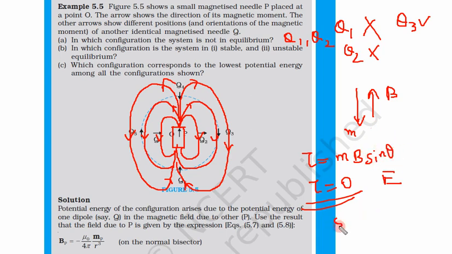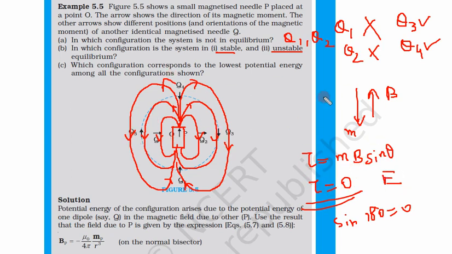Sin 180 is again 0. So tau is also 0 for this Q4. Q4 is also in equilibrium. We only know these are in equilibrium, but we don't know whether this is stable equilibrium or unstable equilibrium. That we will calculate by calculating the potential energy.